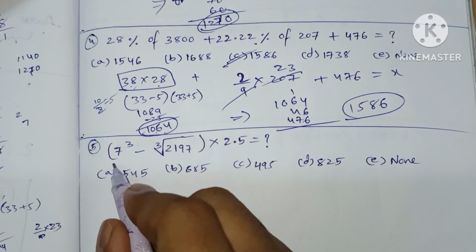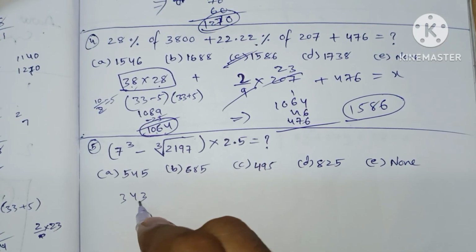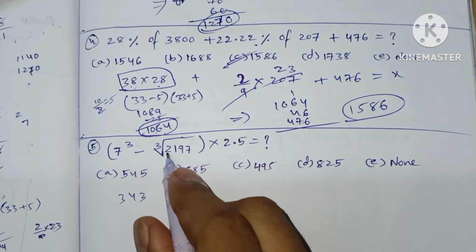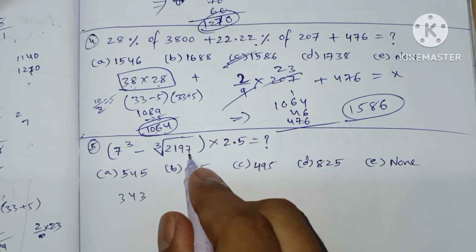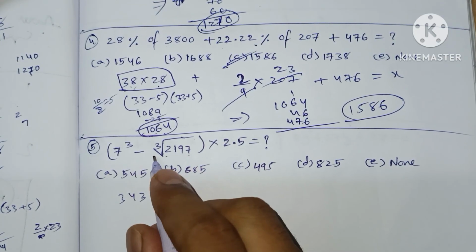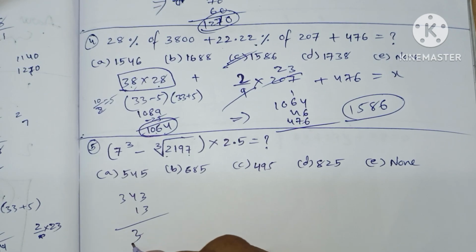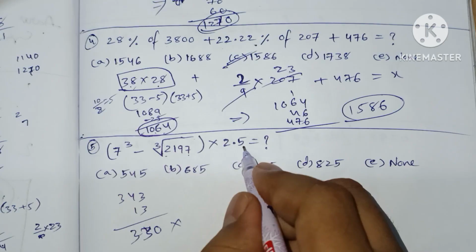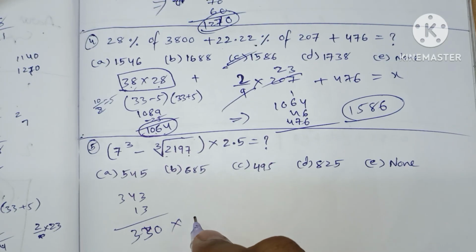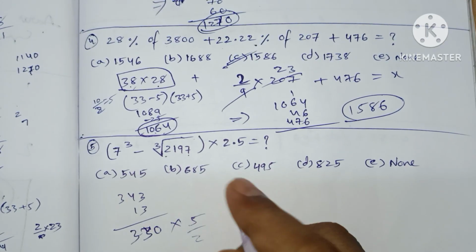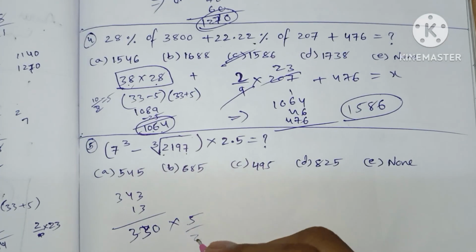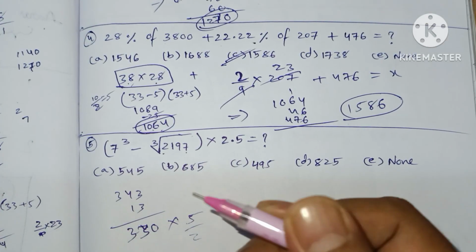Fifth one, 7 cube will be 343 minus this will be 13. 2197 under cube root will be 13 minus 13 means 330. 330 into 2.5 means nothing but 5 by 2. Wait a second.